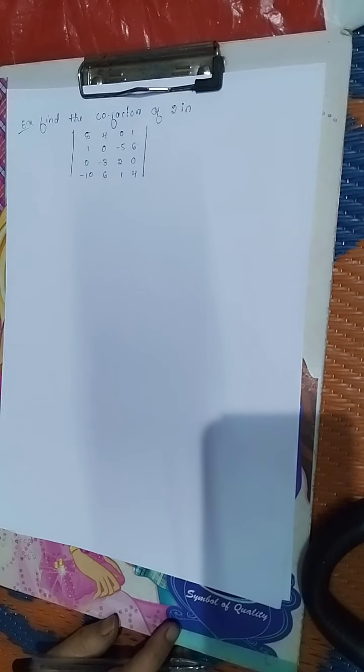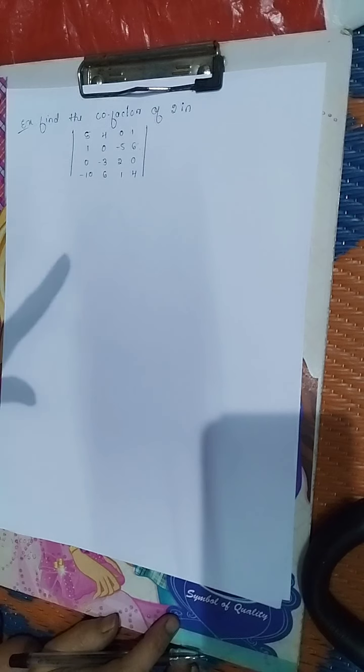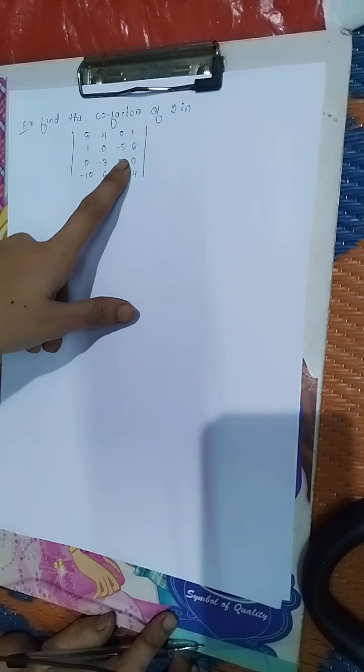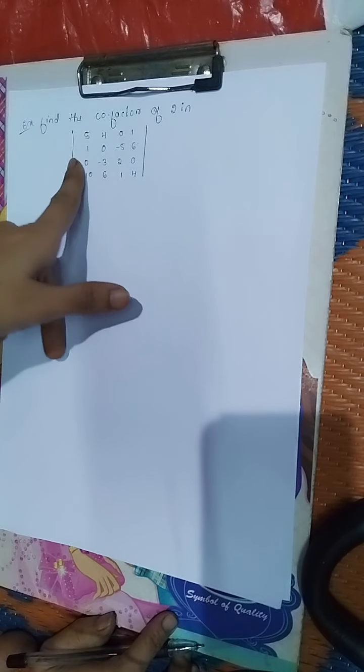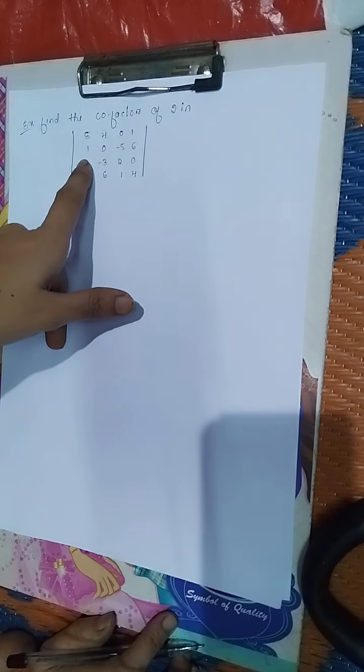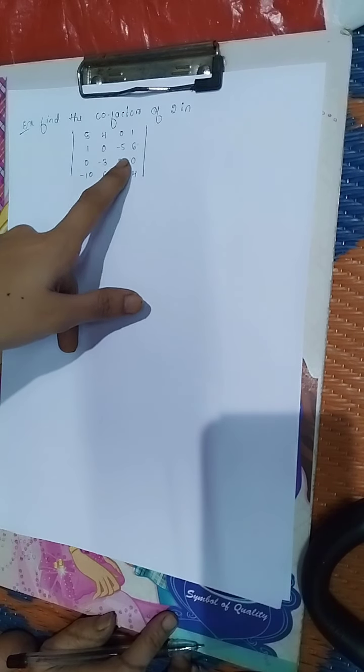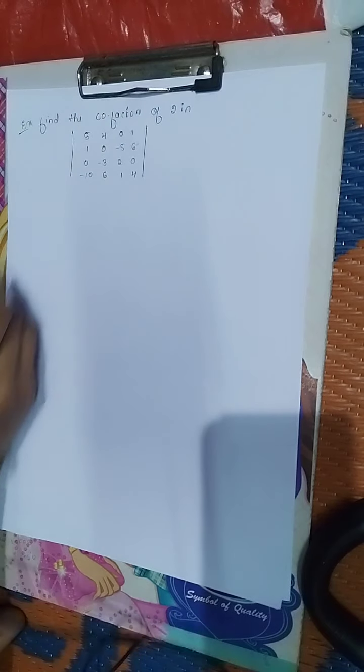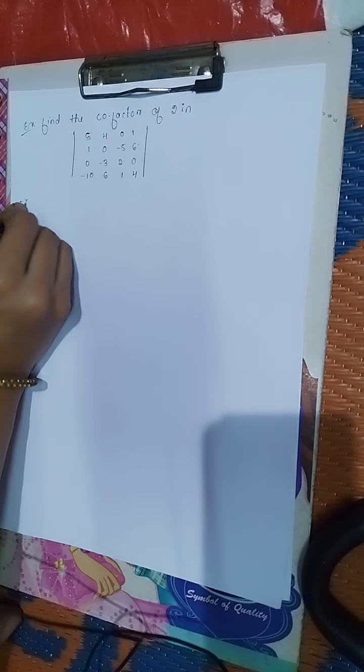Find the cofactor of 2 in the given determinant. It means element 2 lies in third row, third column. So we have to find the cofactor of 2.